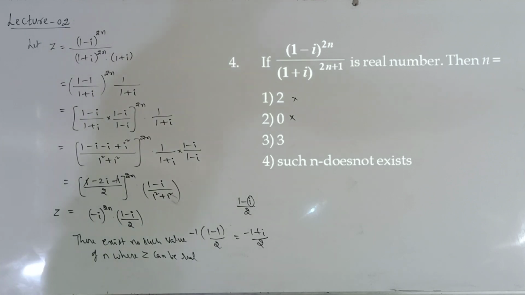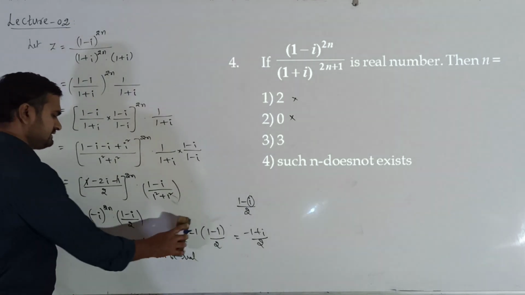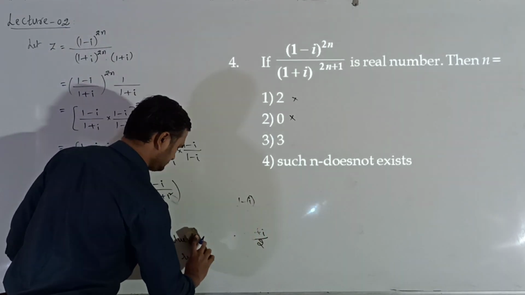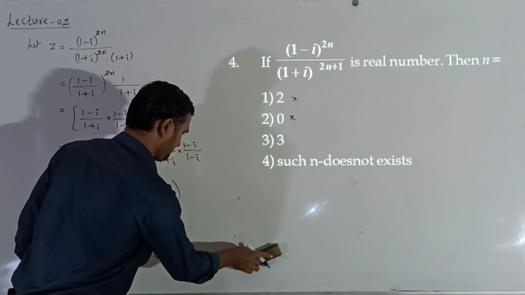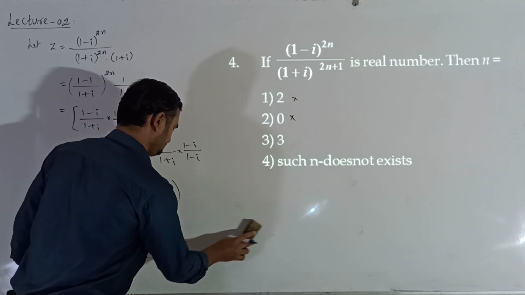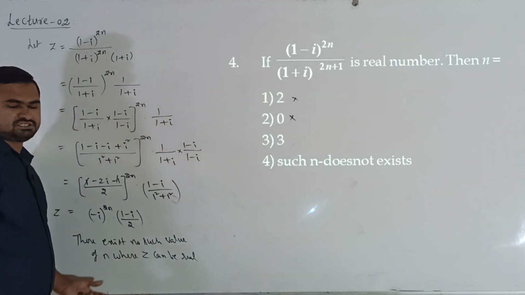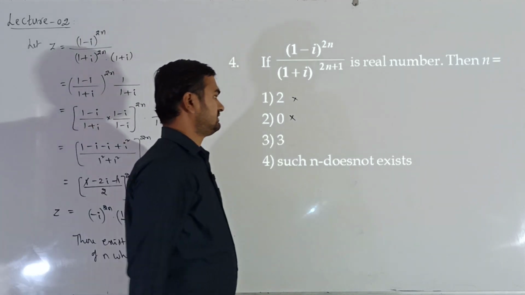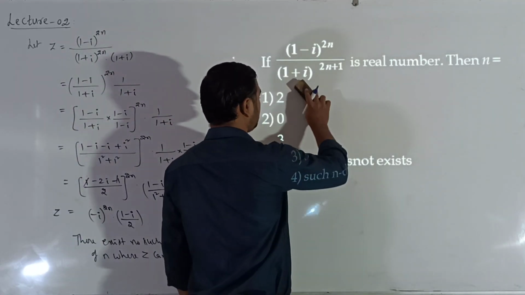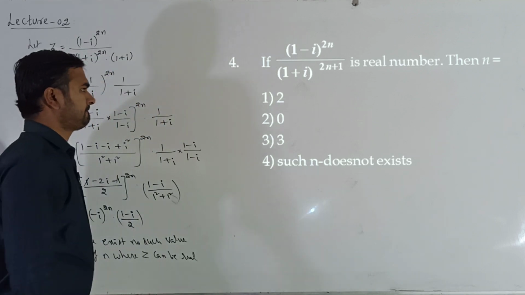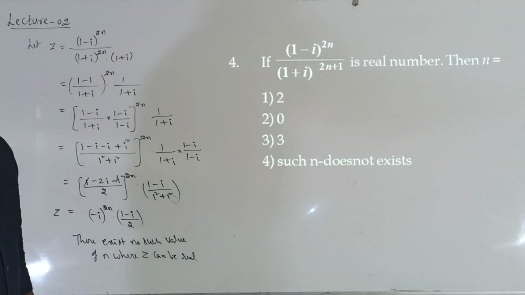There is no value of n where this value can be a real number. Understanding? So any value of n we take, that given complex number can never be a real number. Okay. Next.